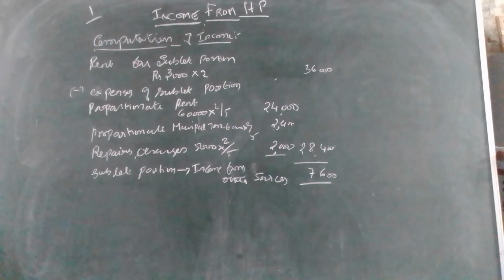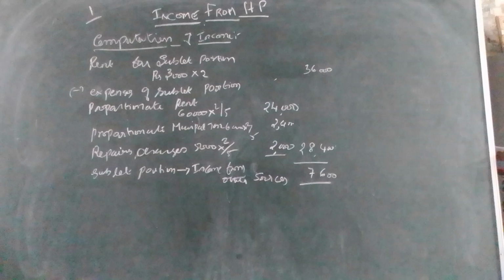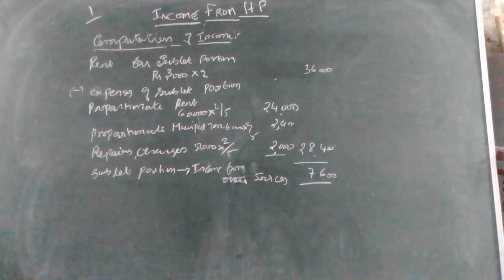If the house property is let out by the house owner or landlord to another person, the income he gets for that let-out property is named income from house property. Here, income does not mean the amount of sale, nor the amount you derive from the property straight away. It is not like that.